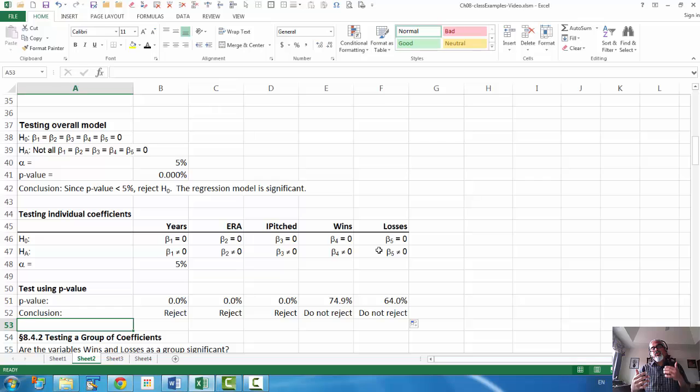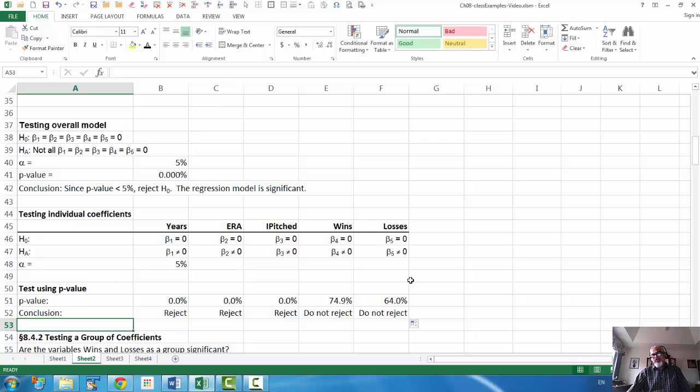People who have very few wins will probably have very few losses as well, because they have not been in the league for a long period of time. Because anyone who has lots and lots of losses and no wins at all are probably not going to be in the league. Okay, so people who have lots of wins are going to have reasonably, not equal number, but more losses than people who have probably been in the league for only a couple of years.